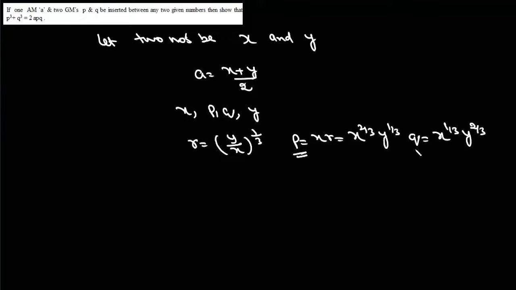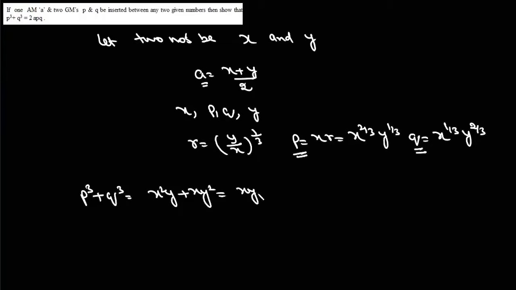So now we have PQ and we also have A. Now it says we need to find P squared Q plus Q squared P. Now if we take their squares, we can write this as X square Y and this is XY square.